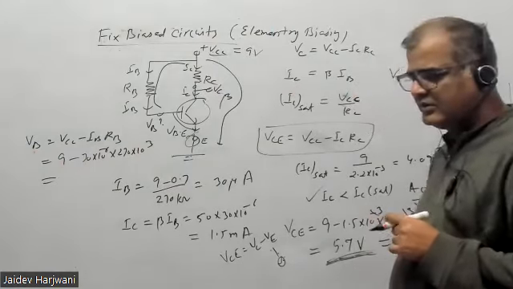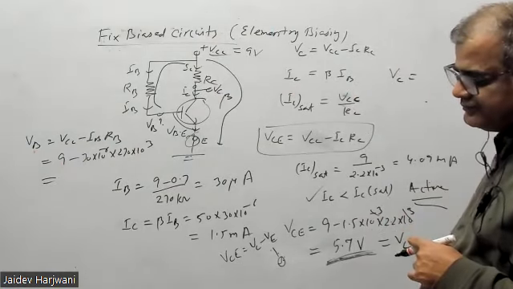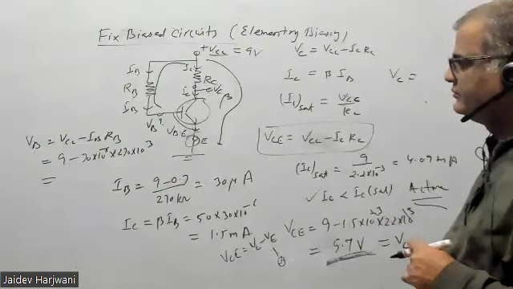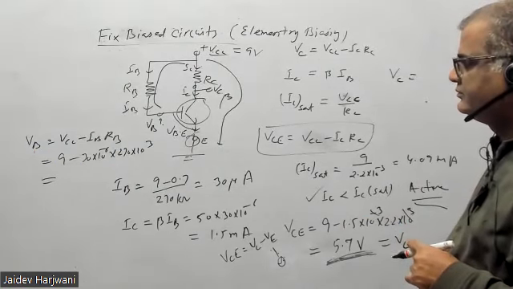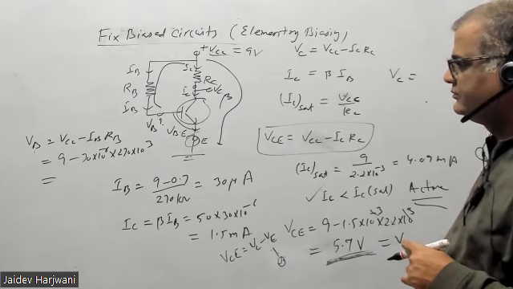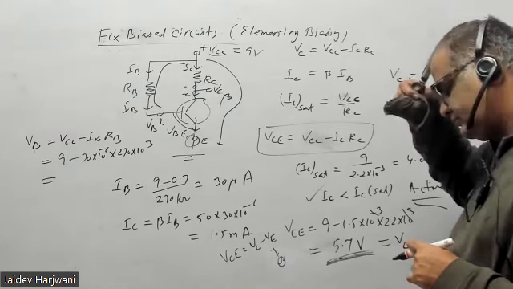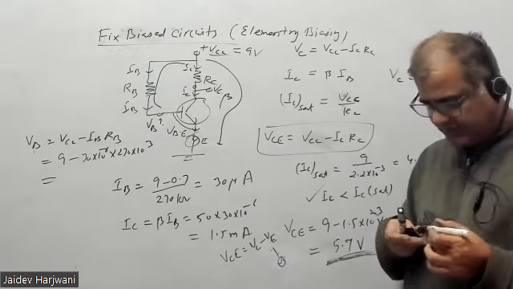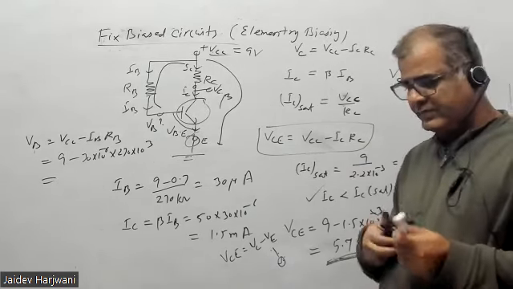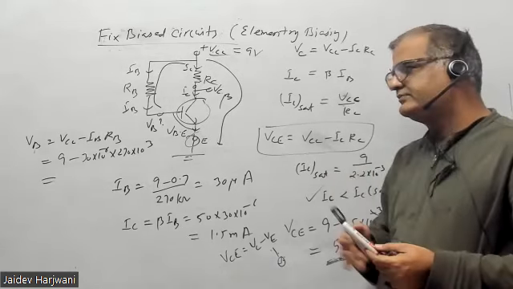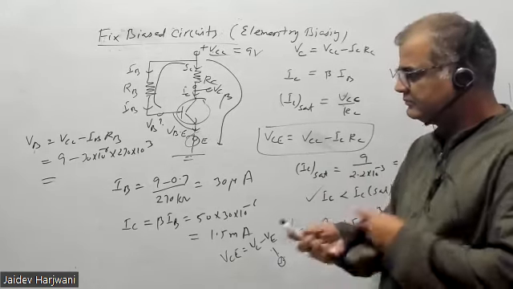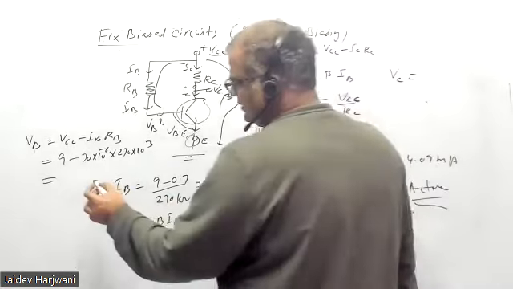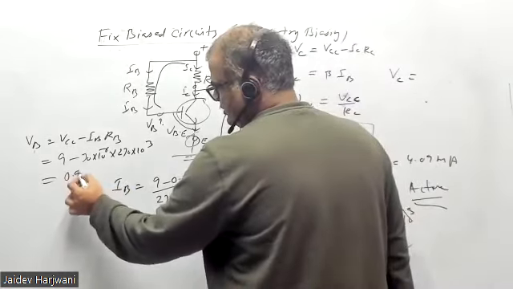VB. तो 0.9 आ रहा है. Hmm? 0.9 आ रहा है. Okay, sure. Yes sir. 0.9 volt.